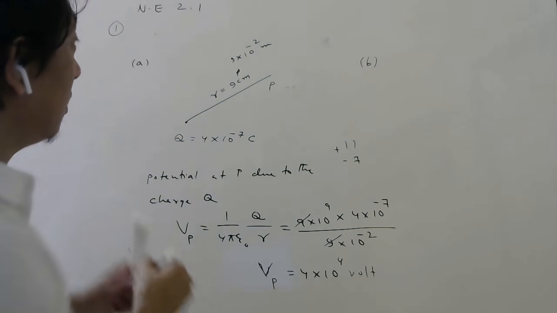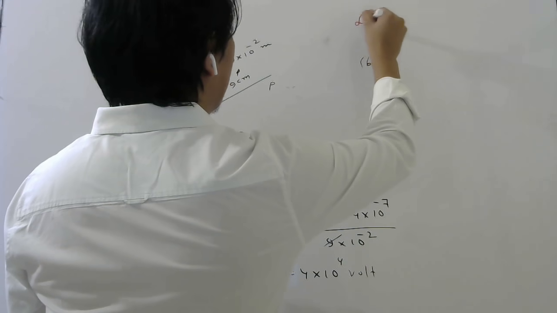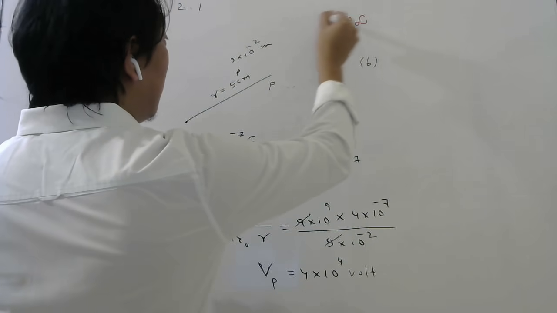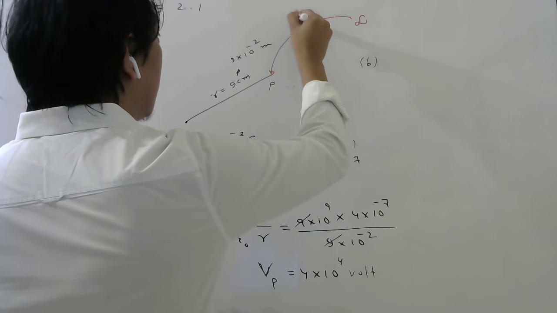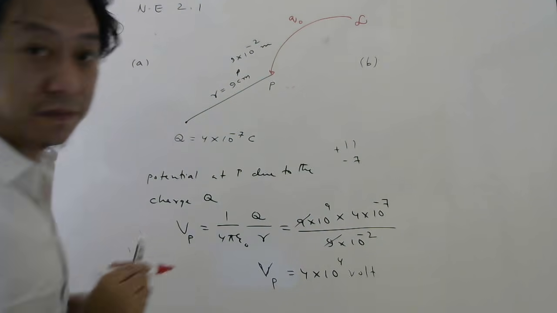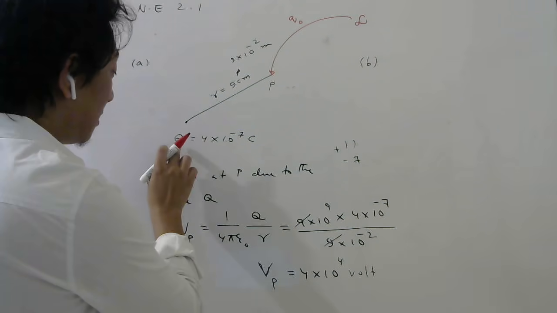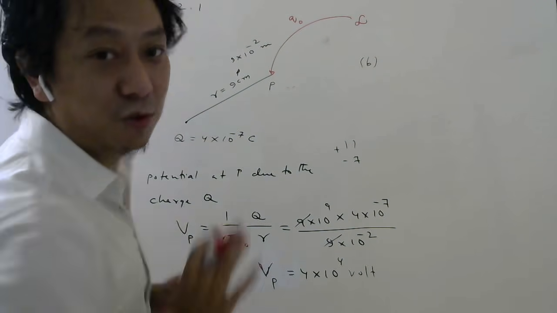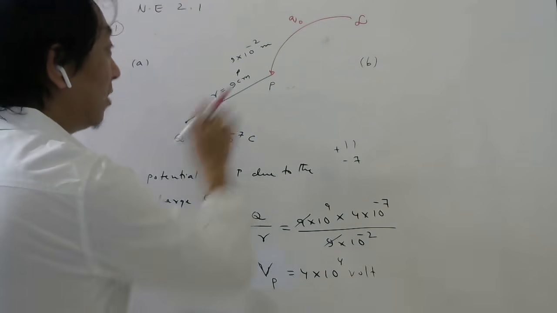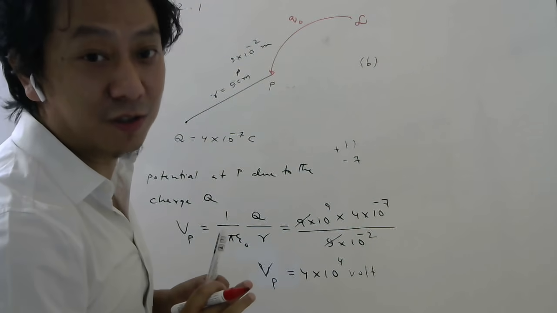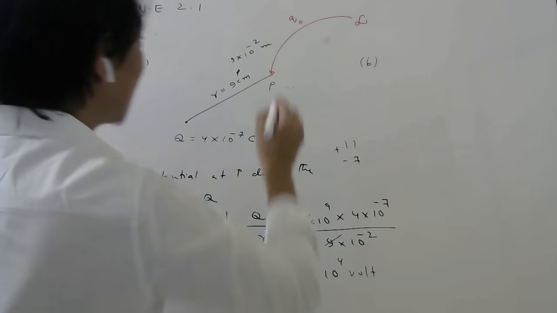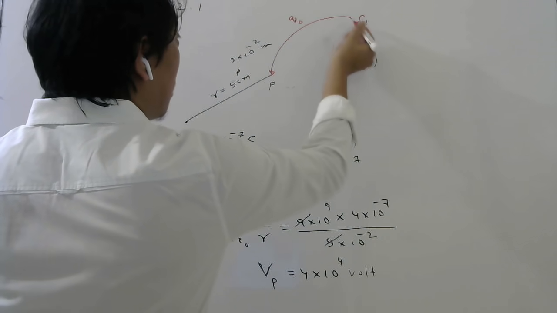I don't know where infinity is, let's say here. So from infinity to this point, you are bringing another charge. Let me call it Q naught. Okay, let me not write Q. You can write Q if you want. If you write capital Q here, you can write small q there, no problem. But if you write small q here, you should not write Q, small q there also. Then it will be confusing, no? So this is the charge which we are moving.